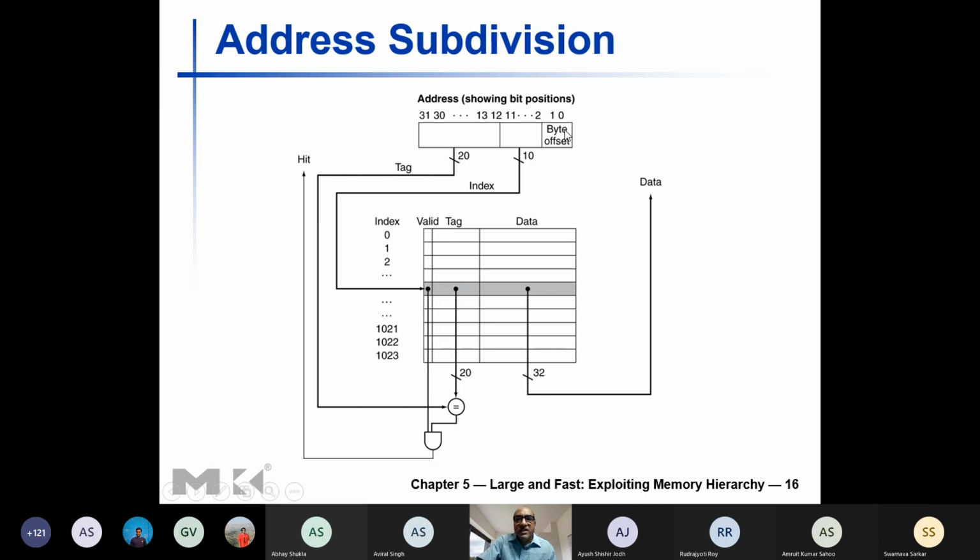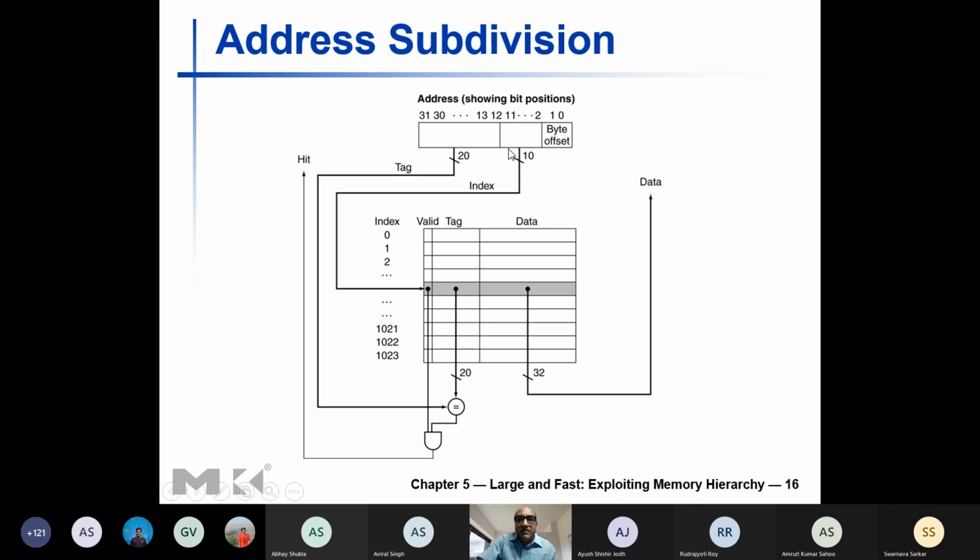One is the byte offset, represented by 2 bits, which can address 4 bytes. So each block contains 4 bytes, which is nothing but a word. A block is nothing but one word.